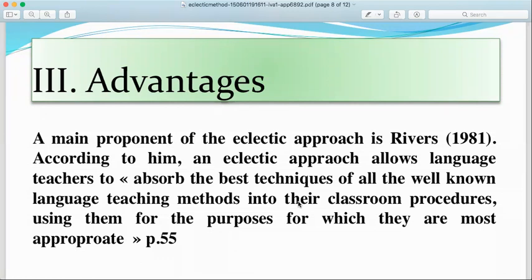At another time, she can have both, the participation of both the teachers and the learners. But the suggested kind of classroom is that much of the time eclectic classrooms are learner-centered, because learner-centered classrooms are the modern classrooms. An eclectic approach is a modern kind of method, right? That's why it encourages learner-centered classrooms. Okay, but again, that's not really compulsory.